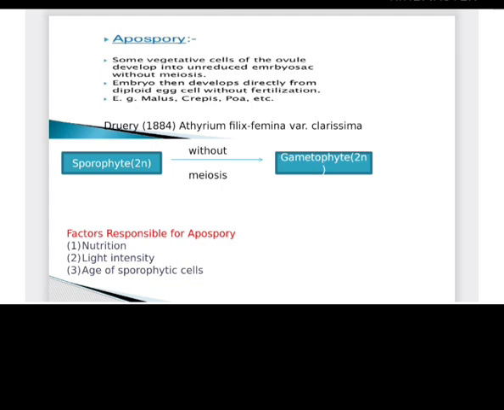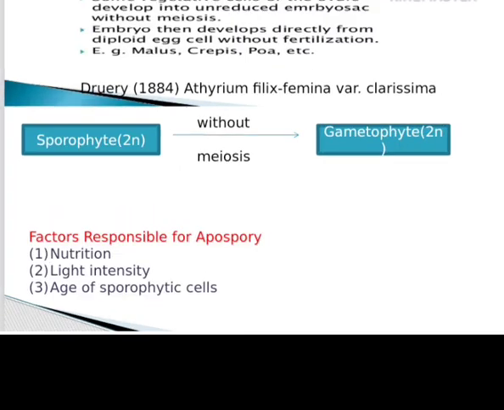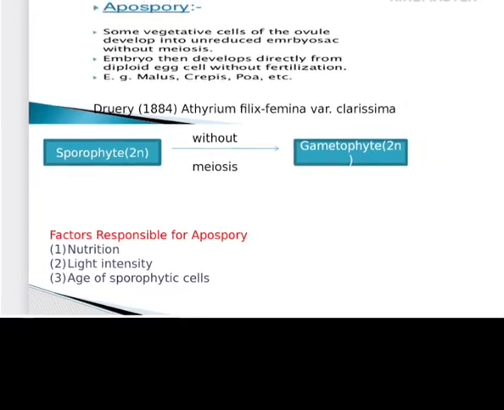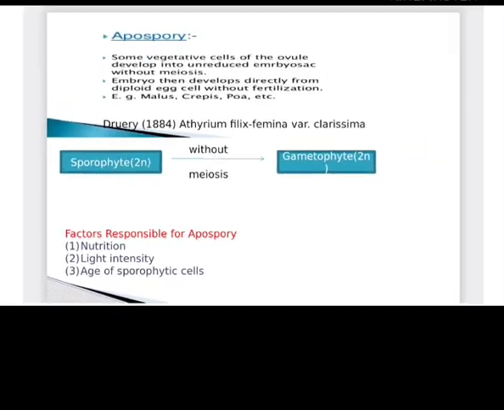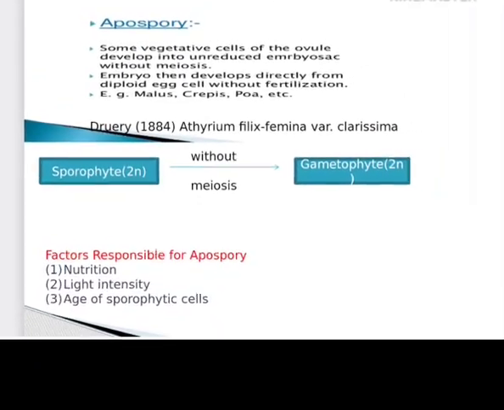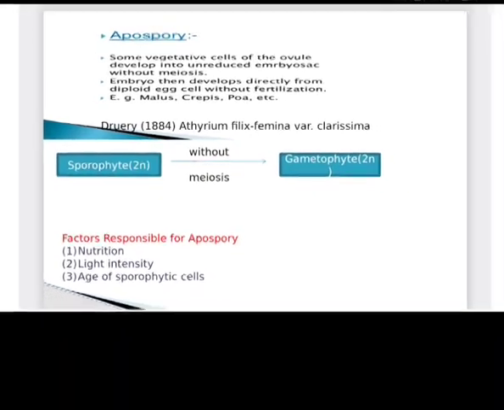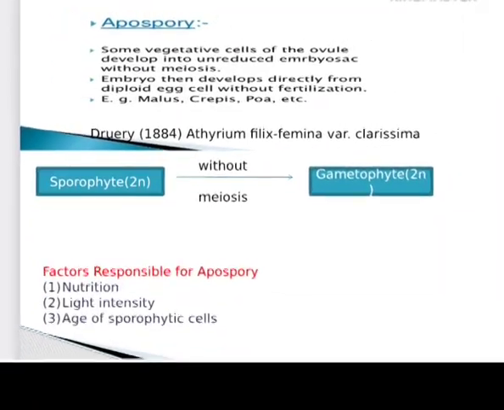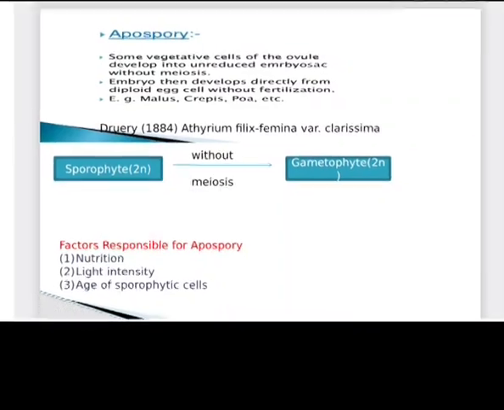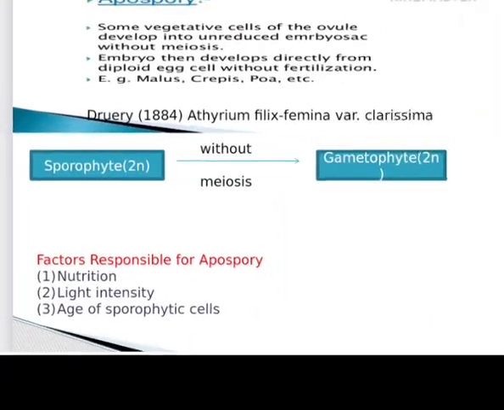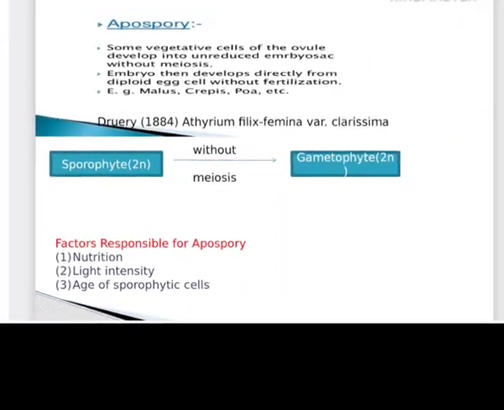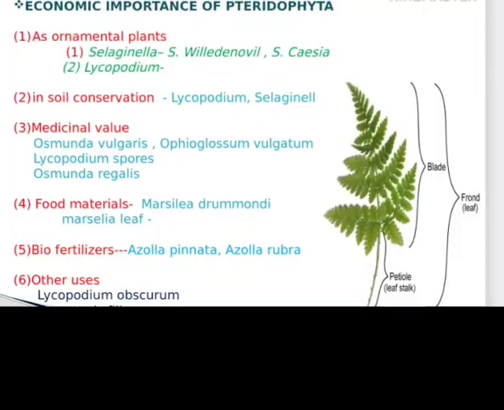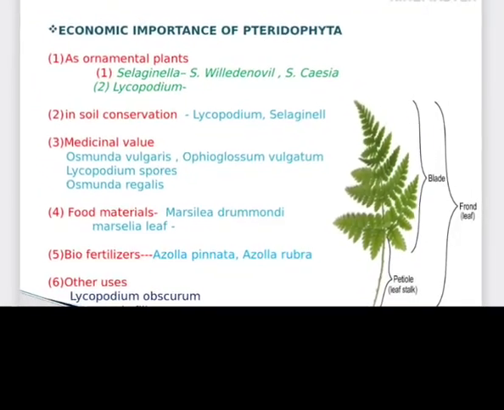Clear? Now we will discuss apospory. Some vegetative cells of the ovule develop into an unreduced embryo sac without meiosis, and the embryo then develops directly from the diploid egg cell without fertilization. In apospory, the sporophyte without meiosis gives the gametophyte.